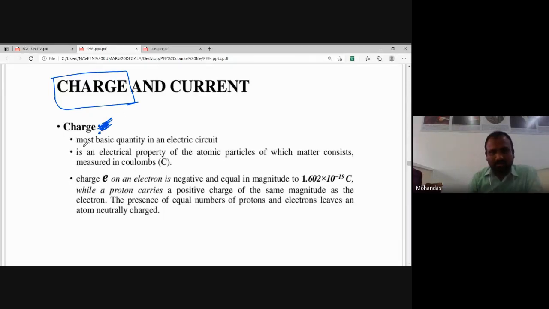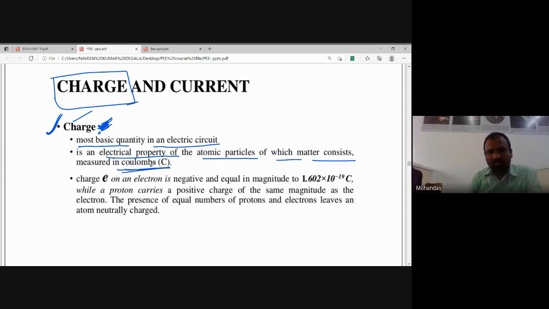Now let us see here. The most basic quantity in an electrical circuit is charge. So the principles of electrical circuits start with the charge. It is the most basic quantity. It is an electrical property of atomic particles of which matter consists, and it is measured in coulomb.